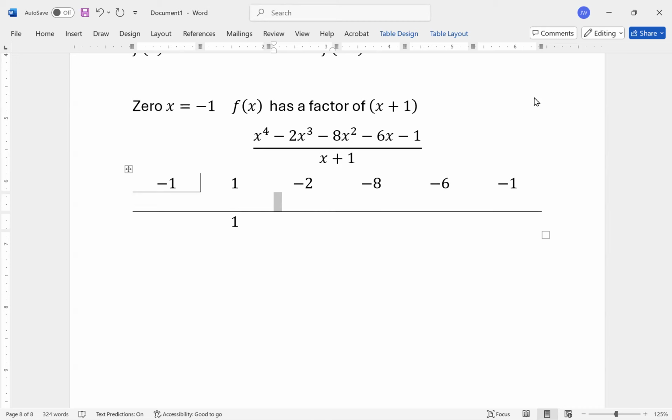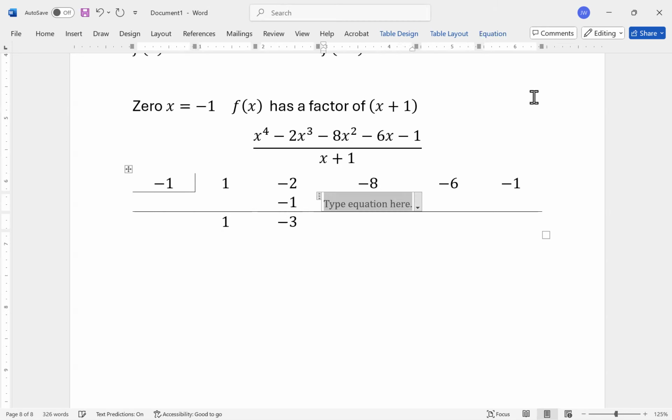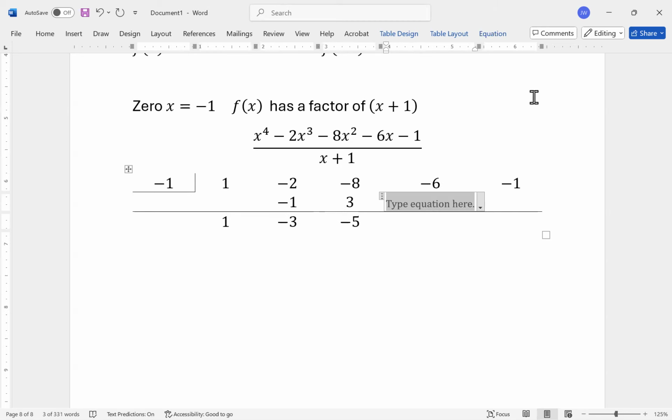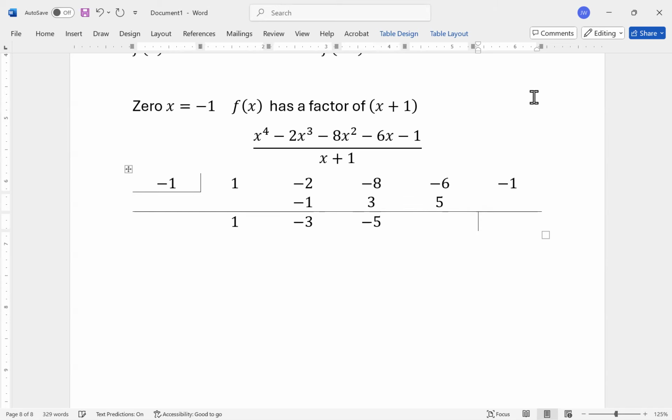1 times -1 is -1. Add -2 plus -1, get a -3. Times -1 is a +3. Add, that'll become -5. Times a -1 is a +5. Add those up, we get a -1.